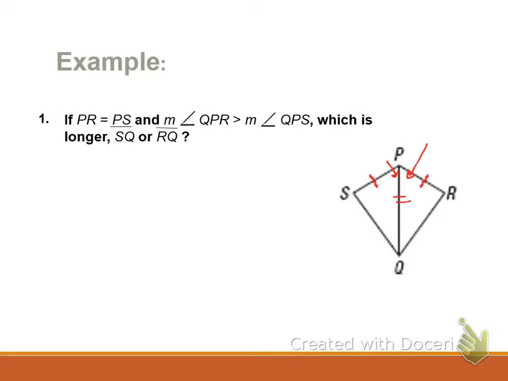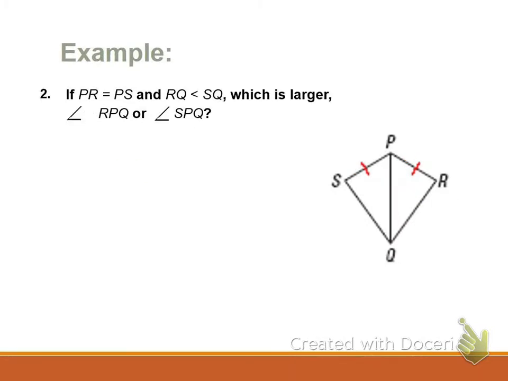Well, first off, we have to understand that we've got two sets of congruent sides because of reflexive. So the hinge theorem will apply. Since angle QPR is bigger, that means that this side, the opposite of that angle, is going to be longer. So QR is going to be longer here.